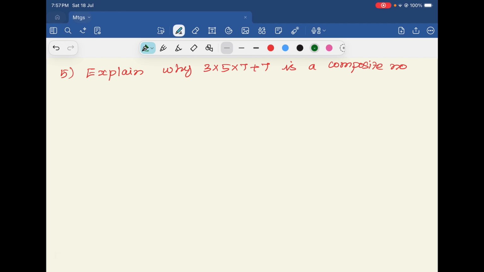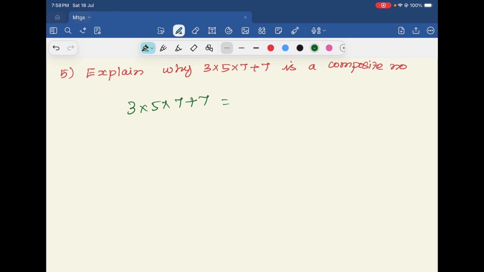The next question: explain why 3 into 5 into 7 plus 7 is a composite number. We know that it is a composite number, but we have to explain. So here 3 into 5 into 7 plus 7.